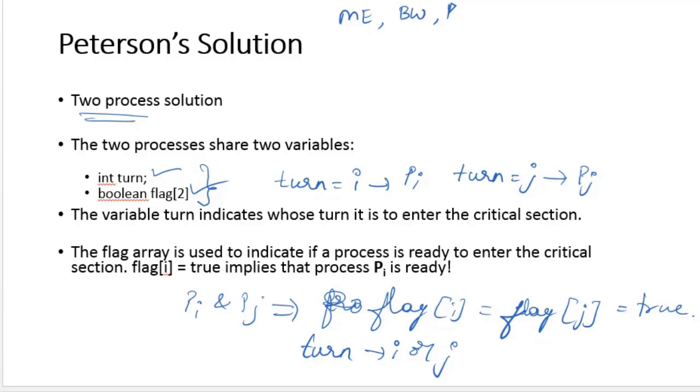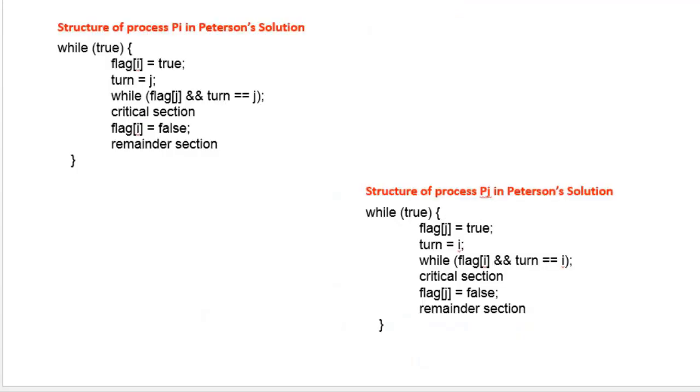Next, let us learn the general structure of a process in Peterson's solution. Let's forward the slide and see the structure of a process in Peterson's solution. Observe the code carefully. You can see that when Pi is executing, it will set flag of i to true and it will also set turn is equal to j.